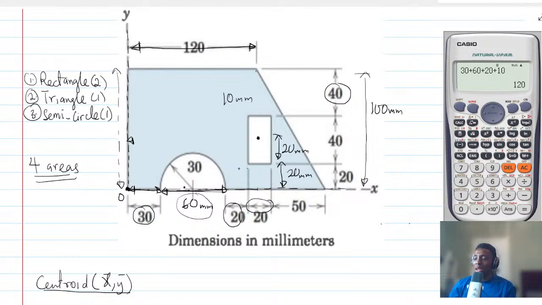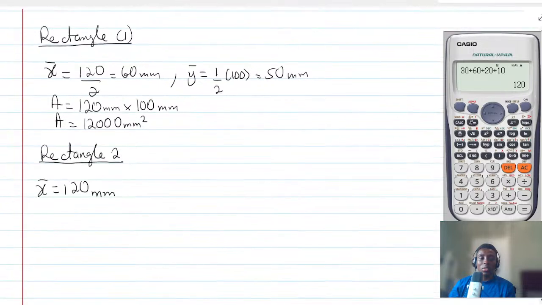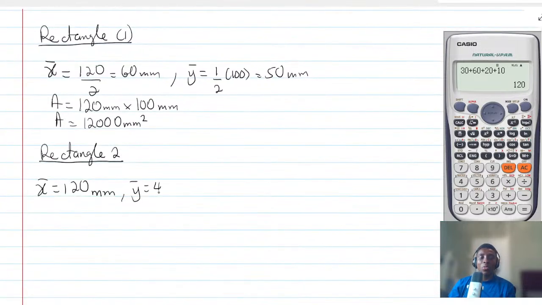Right now we are just doing the area, x bar and y bar. After getting all of the values, then we look at the calculations. Someone said 40, yes, you are right. So halfway of 40 is 20, and 20 plus 20 is 40. So y bar is going to be 40.